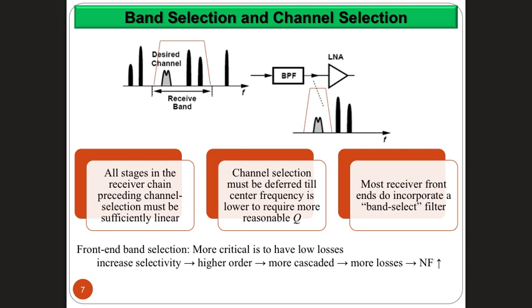That first filter that we encounter has to have a wider bandwidth. And typically we call that the band filter. For example, the GSM band used for the GSM cellular system does not include only one channel.